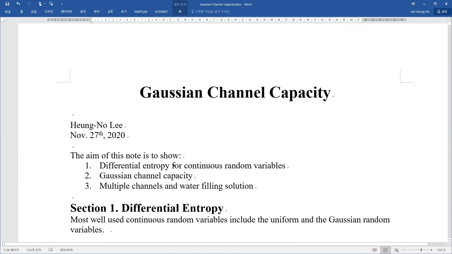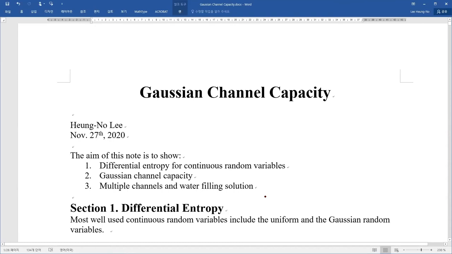That's the only difference. And second item is I will talk about Gaussian channel capacity and Gaussian coding theorem. So we can approach the capacity of Gaussian channel using Gaussian codebook. So that's the big difference.